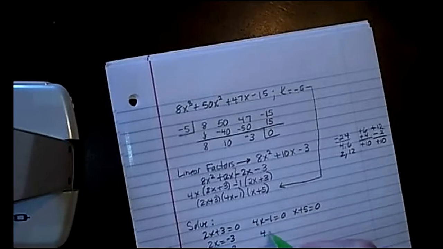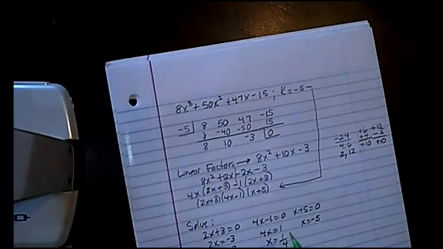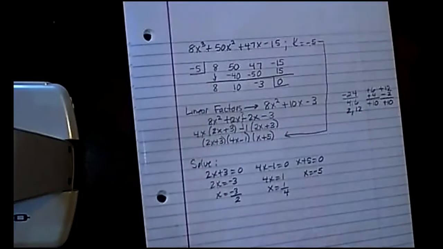Here we add 1 to both sides, divide by the coefficient, and subtract 5, which we kind of already know because we have it up here. So here are 3 zeros. If I graph that, that's where that graph is going to go through the x-axis. Okay, so that is pretty much all of 4.2 with finding linear factors.